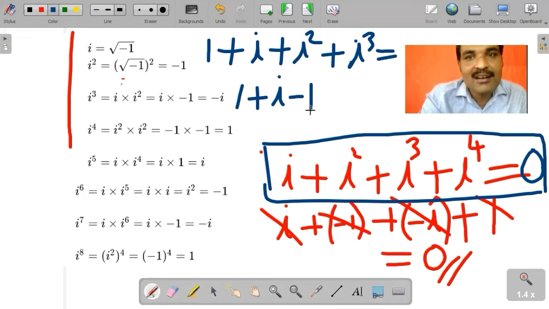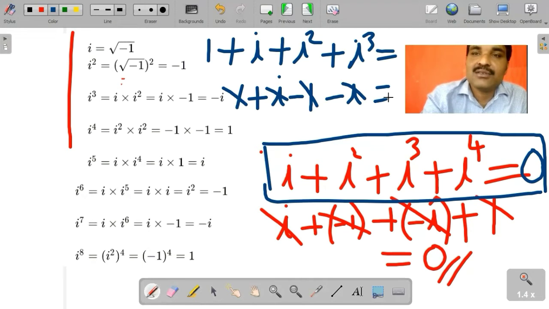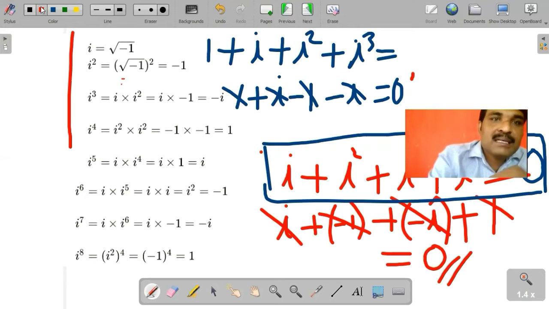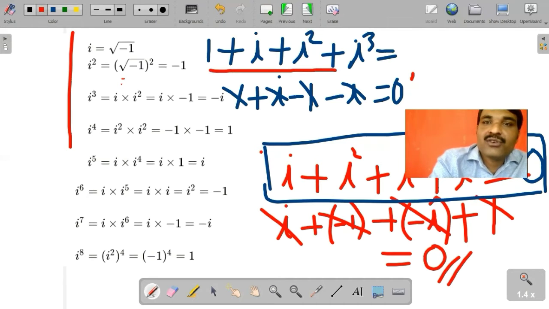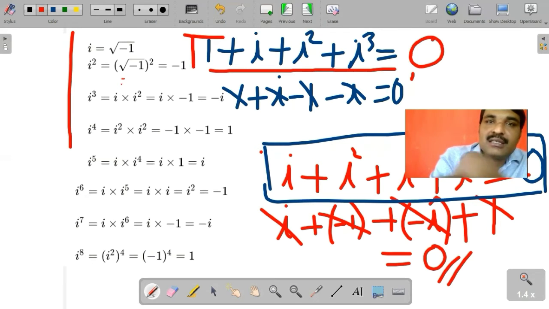Then iota cube. Iota cube is equal to minus iota. So 1 minus 1, iota minus iota. So this is also equal to 0. Right. 1 plus iota plus iota square plus iota cube is also equal to 0.